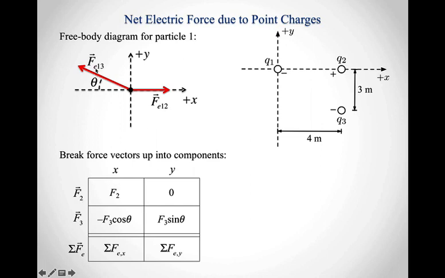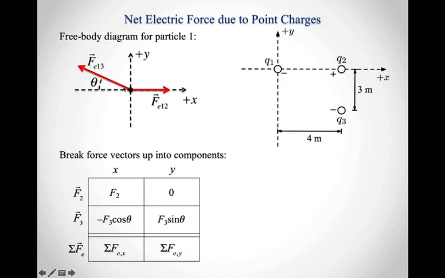The electric force on charge 1 by charge 3, I'll relabel F3. So F2 is the magnitude of the force between charges 1 and 2, and F3 is the magnitude of the force between charges 1 and 3. The force exerted on particle 1 by particle 2 points to the right, which means its y component is 0, its x component is positive, and the entire magnitude is in the x component.